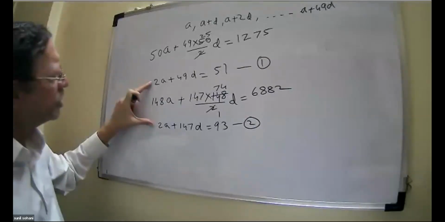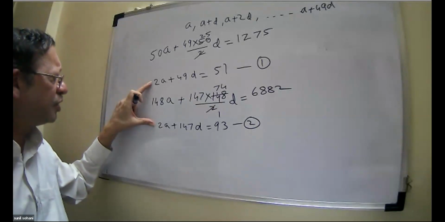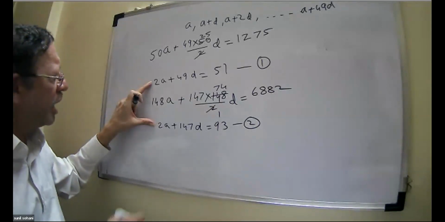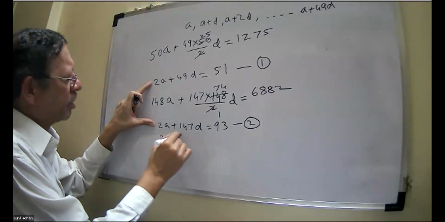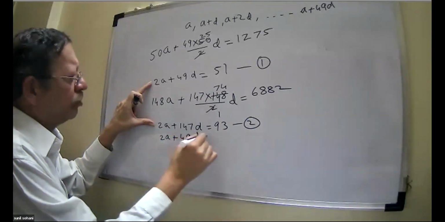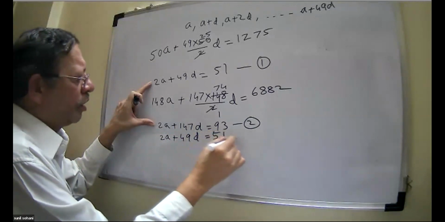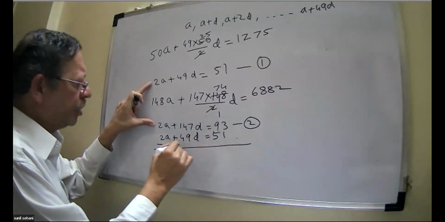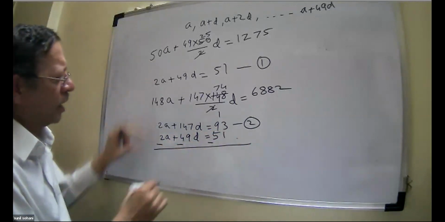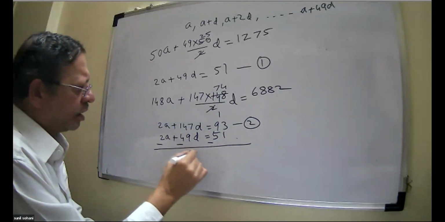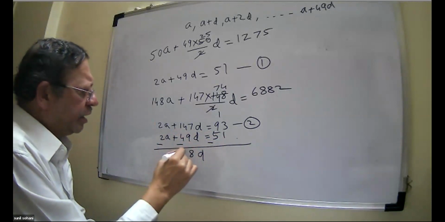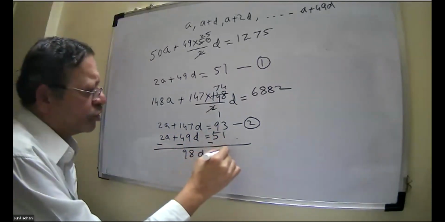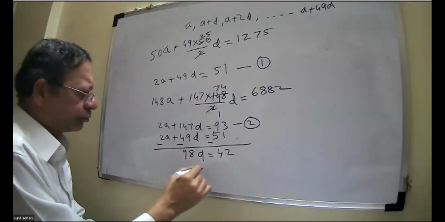And you have two expressions with two variables, a simultaneous equation. So I can subtract equation 1 from equation 2. And when we subtract, 2A goes out of the picture. And this is 8D, this is 1598, and this becomes 242.